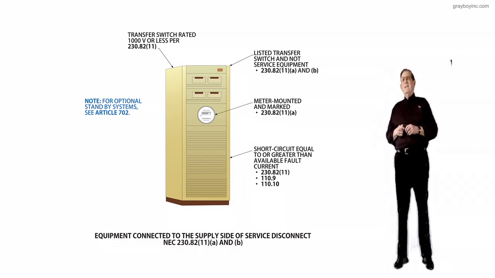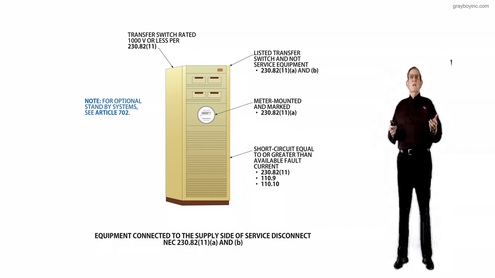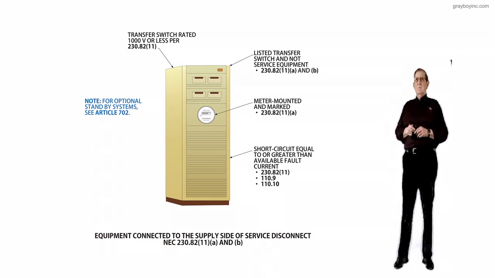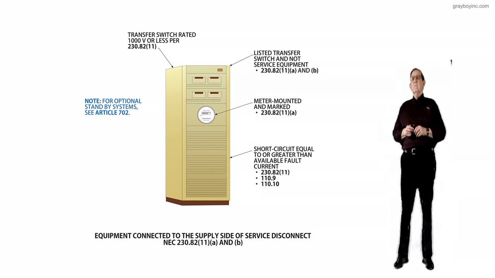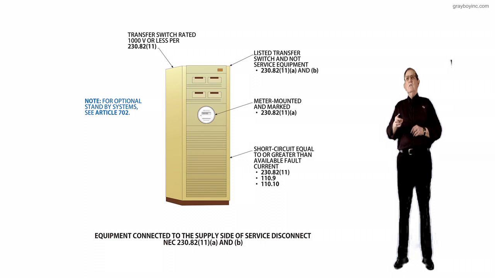Now, reviewing this, let's look at the very top of this unit, the transfer switch, and notice the transfer switch is rated 1,000 volts or less. So 230.82, item number 11 is applicable. Now, looking at the next requirement, it's a listed transfer switch and not service equipment.